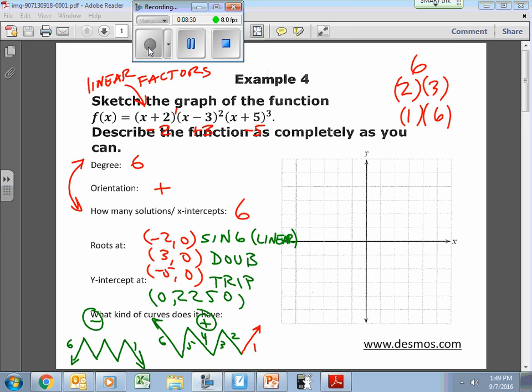But the drawing goes like this. If you want to get some points, start by putting the points at your zeros. In other words, when the thing hits the ground. Negative 2, it hits the ground. At 3, it hits the ground. And at negative 5, it hits the ground.